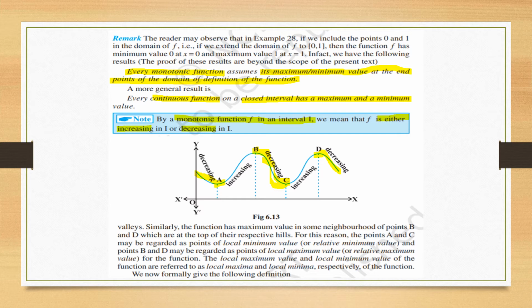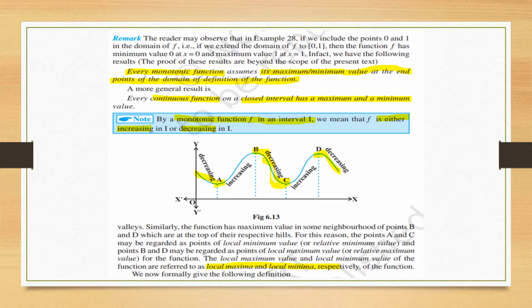Again, in this interval B is the local maximum, and here it is the local minimum. B and D may be regarded as points of local maximum value. The local maximum value and local minimum value of the function are referred to as local maxima and local minima. Local means in its own closed interval, in its own domain of definition.